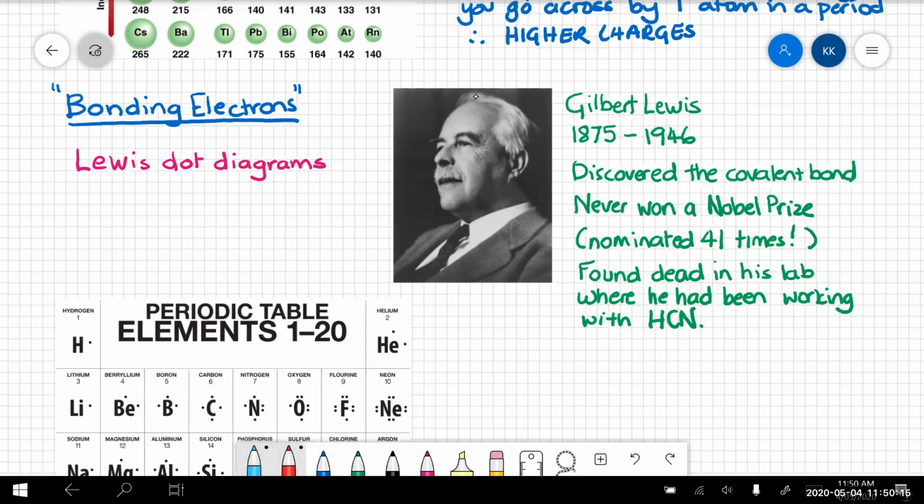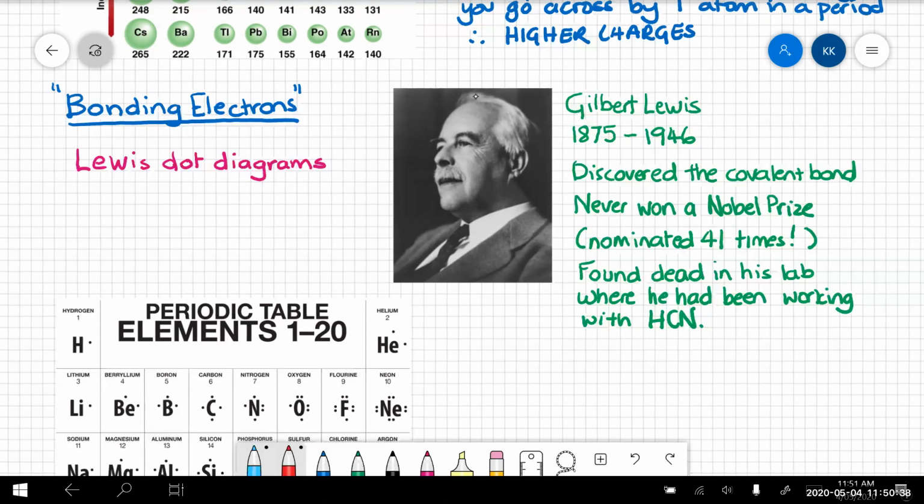But let's remember Gilbert Lewis for his great work in chemistry. Even though he didn't win a Nobel Prize, both of his sons went on to become professors at Berkeley University, and he has a hall at Berkeley University named after him. So he certainly is remembered for his great work.